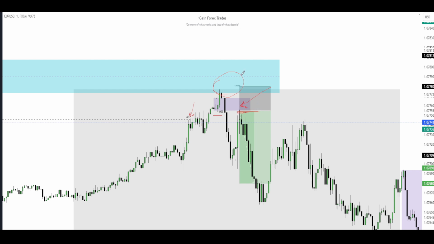Then stop loss just around this area above this swing high, and then target always a 1:3. So here it is. That's our second trade of the week.